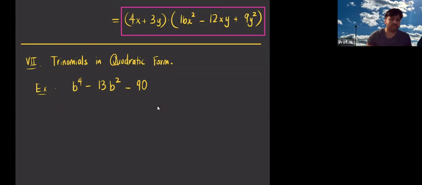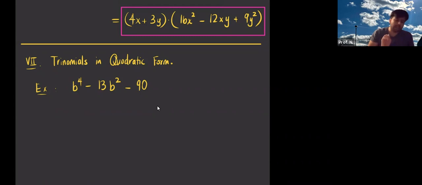This almost looks quadratic. The only issue is that the 2 is not the highest exponent, it's a 4 instead. And what I mean by quadratic form is the following.